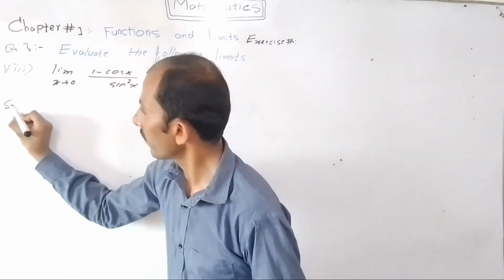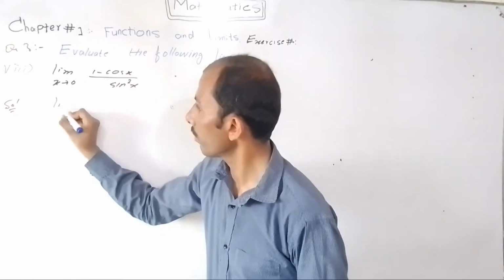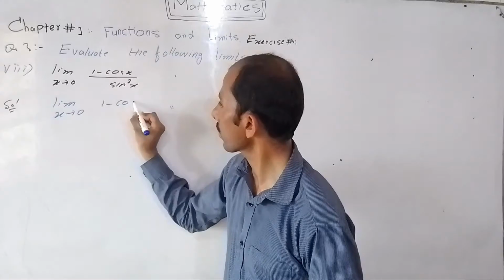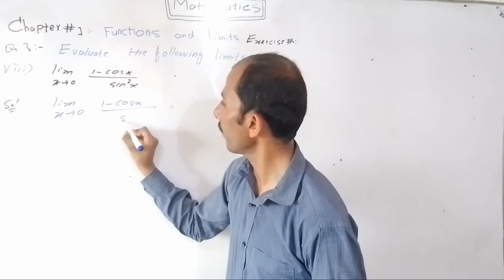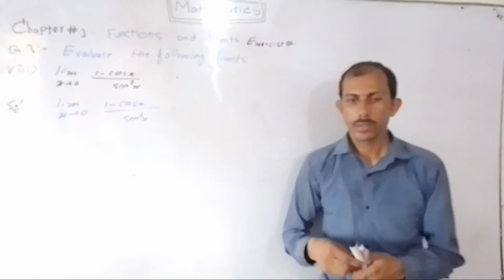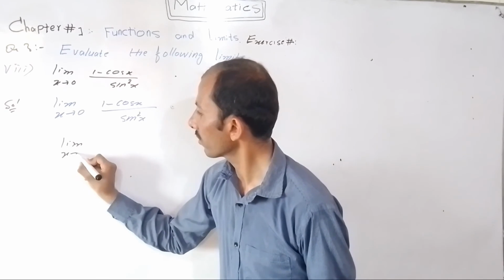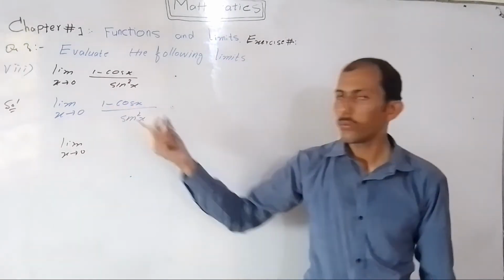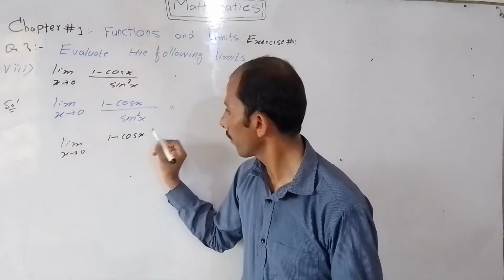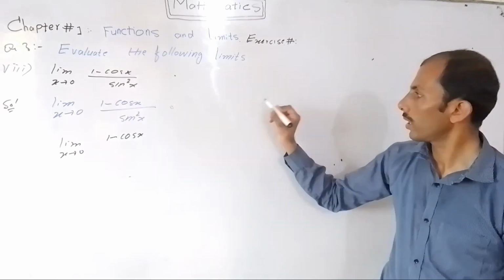Solution: first, as it is, limit x approaches 0, 1 minus cos x divided by sine square x. So limit x approaches 0, 1 minus cos x, and sine square x can also be written in this form.